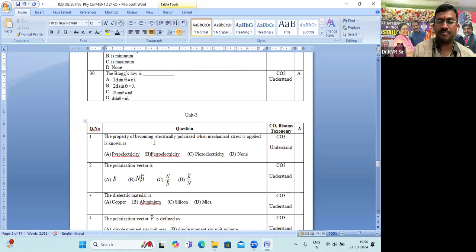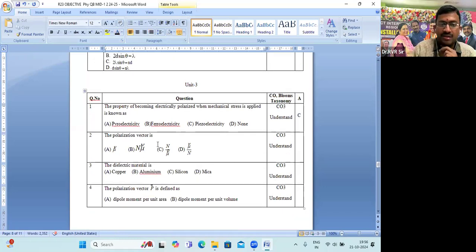The property of becoming electrically polarized when mechanical stress is applied is known as piezoelectricity. When mechanical stress is applied, pressure, the polarization vector is P equals n alpha mu.